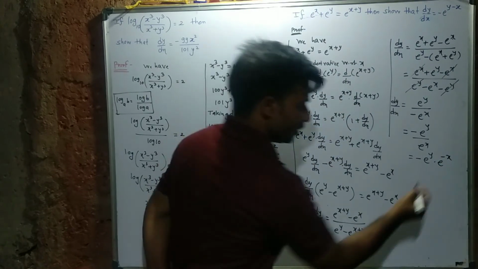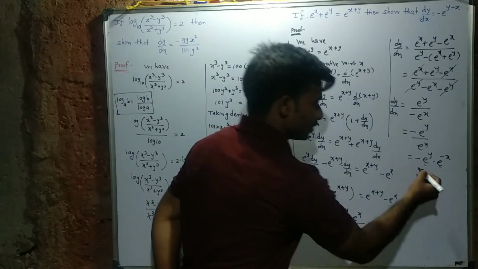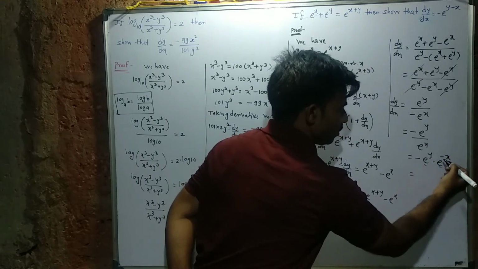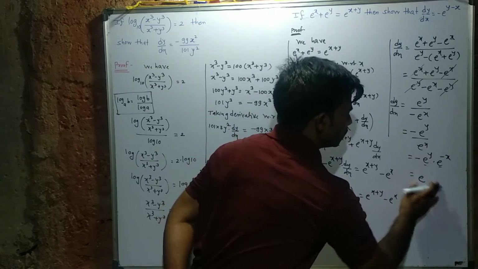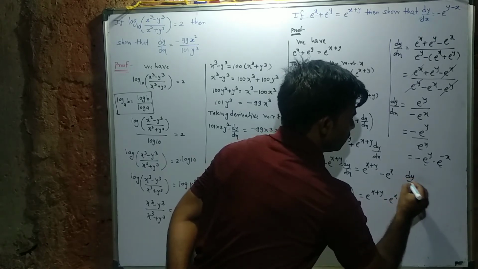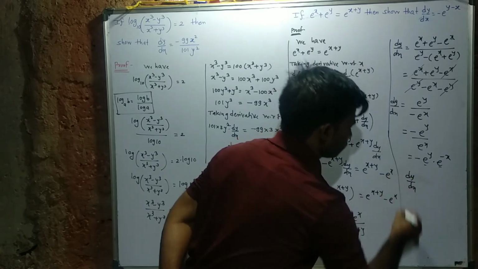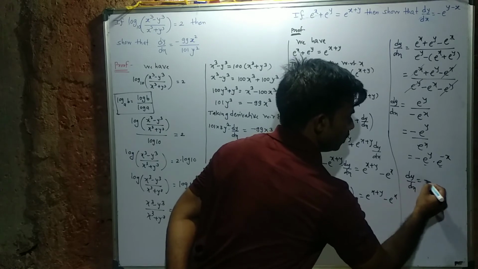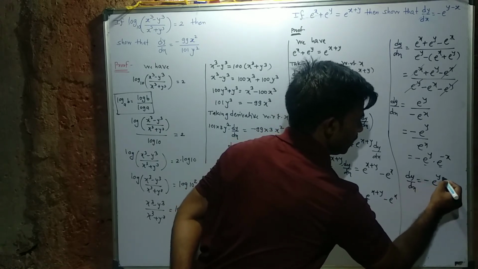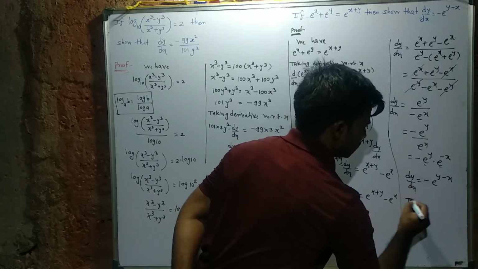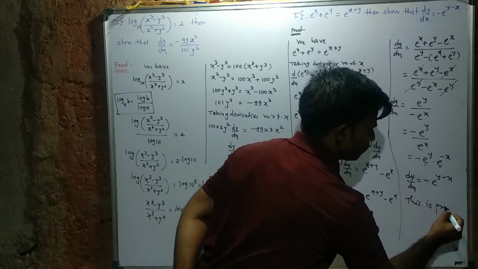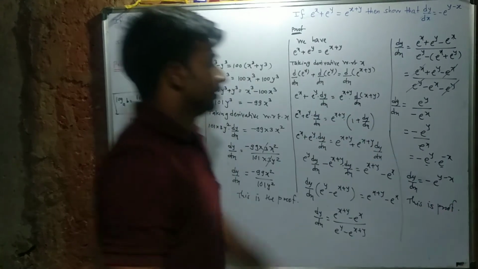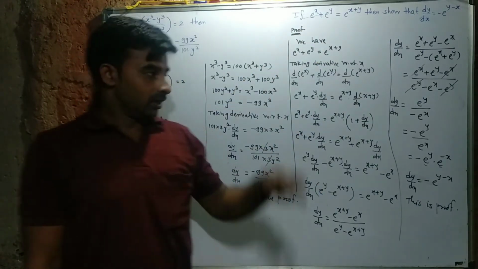Now, the base of these two is the same, so addition or subtraction of the indices is taken, and therefore you will get dy by dx is equal to minus e raised to y minus x, and this is your final result, or this is the proof of that given equation.